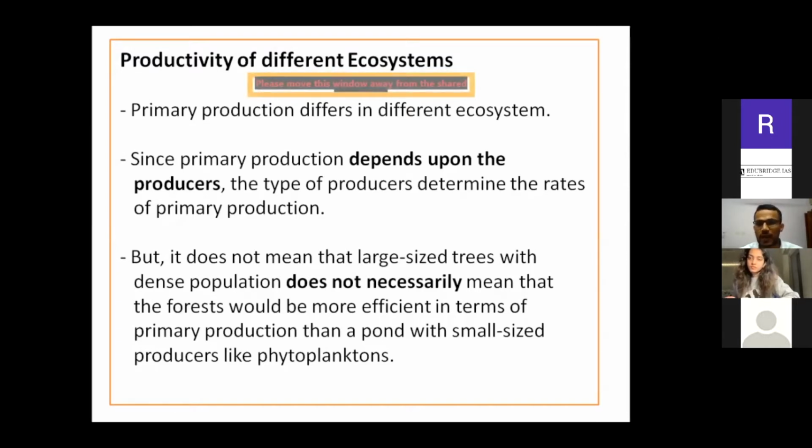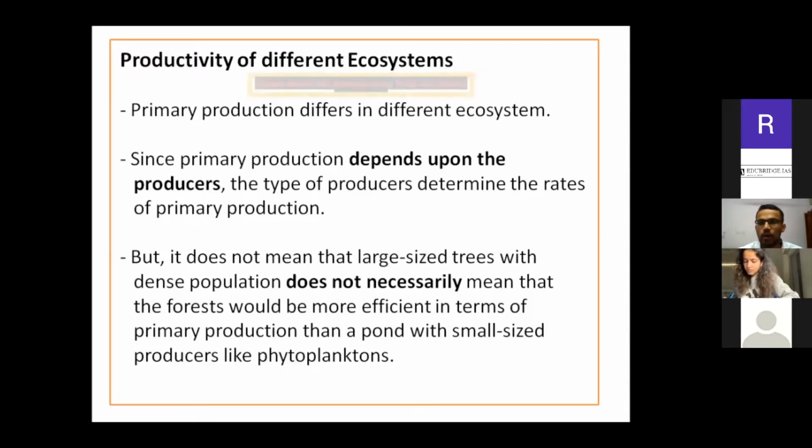Then what is the factor on which the productivity depends? It depends upon how efficiently a particular producer in an ecosystem or a particular ecosystem itself is using the radiant energy. That means the energy in the form of sunlight. How efficiently an ecosystem uses that energy will make that particular ecosystem more productive than others, right?